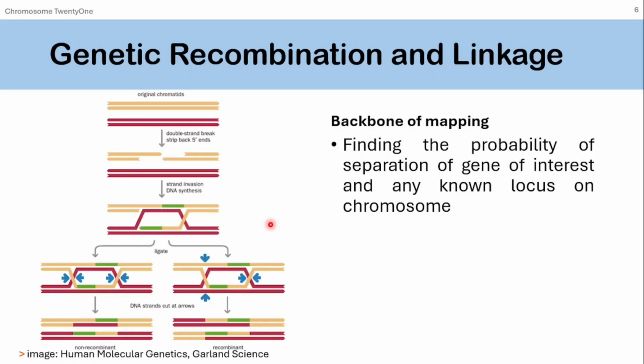And to find this distance, we have to get the probability of recombination between these two physical locations. To give again a very vague analogy, if there is a random line drawn on the map, what is the probability of the line going through the path that connects these two points, the house and the location?